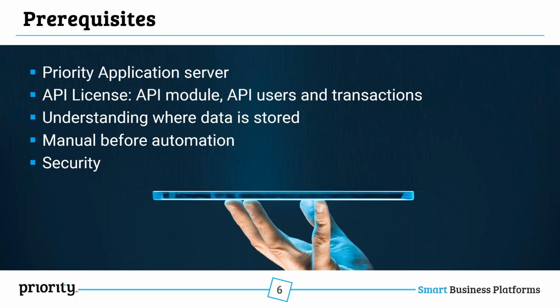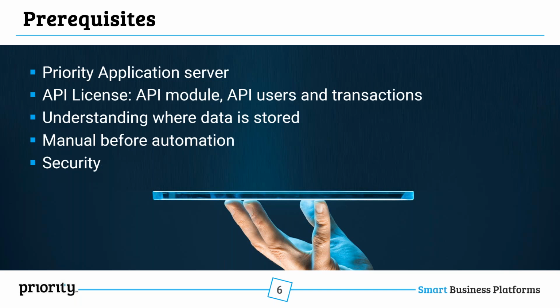So what do you have to prepare before you can use Priority REST API? First, you have to install a Priority application server. Next, you will have to obtain the license that supports API operations.